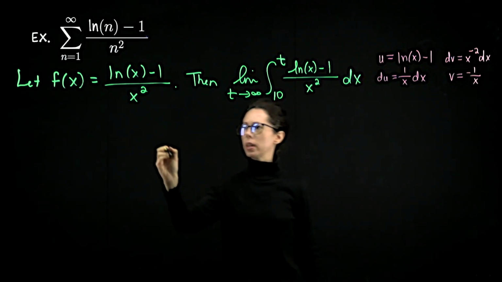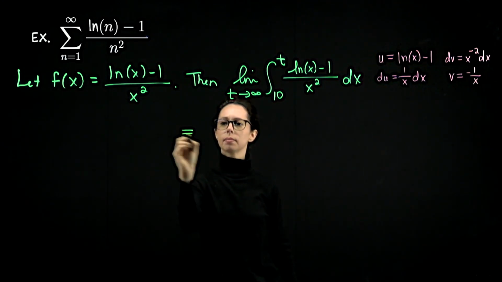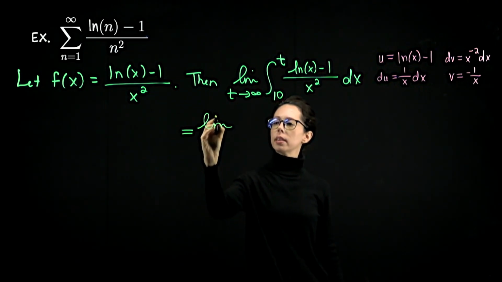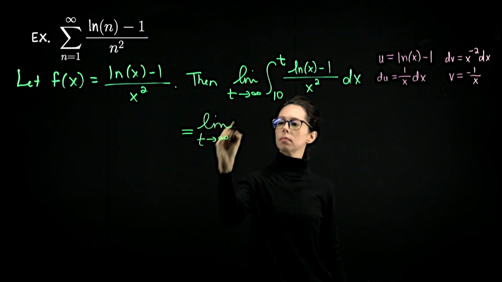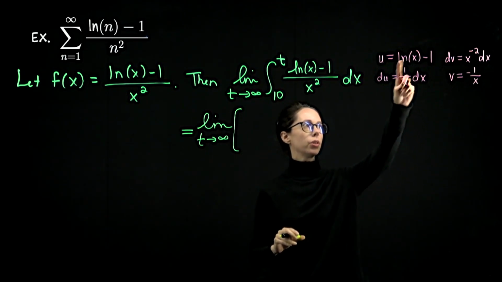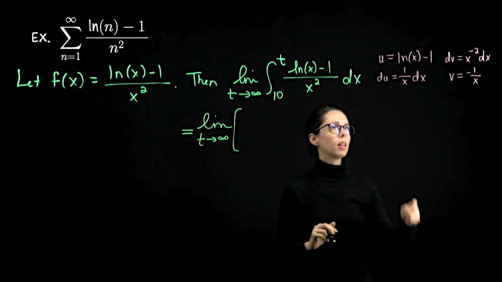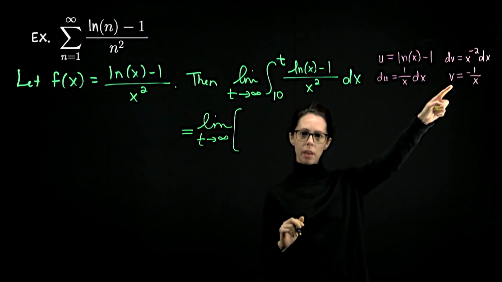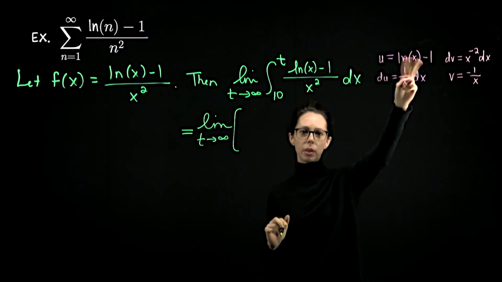Integration by parts gets pretty large, so I'm going to slide this over here. We are going to be taking the limit as t goes to infinity. I'll leave this on the outside of, now for the first part of integration by parts, I need to do u times v. Overall, that's going to be natural log of x minus 1 times negative 1. I can multiply this by negative 1 if I flip the order of the subtraction there.